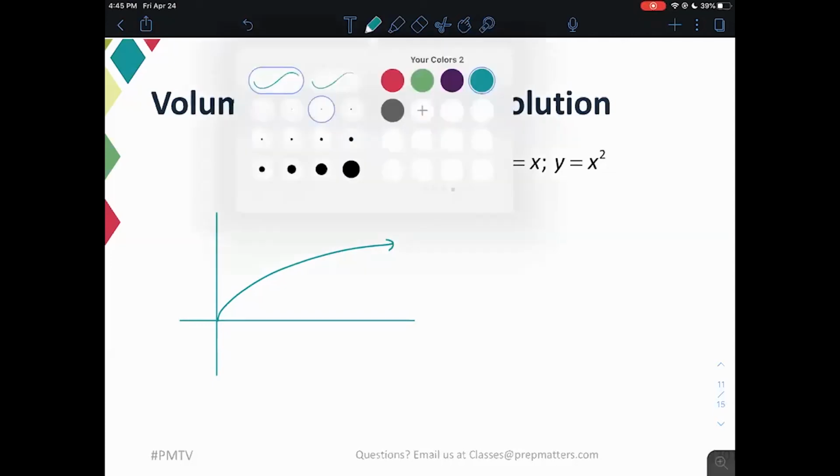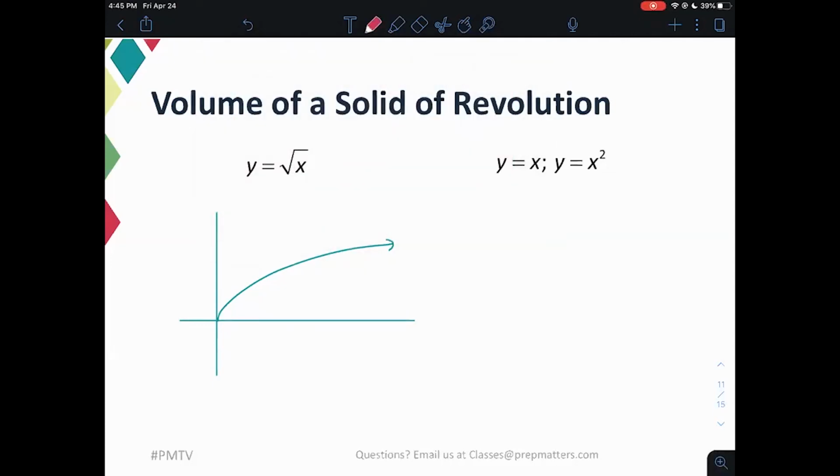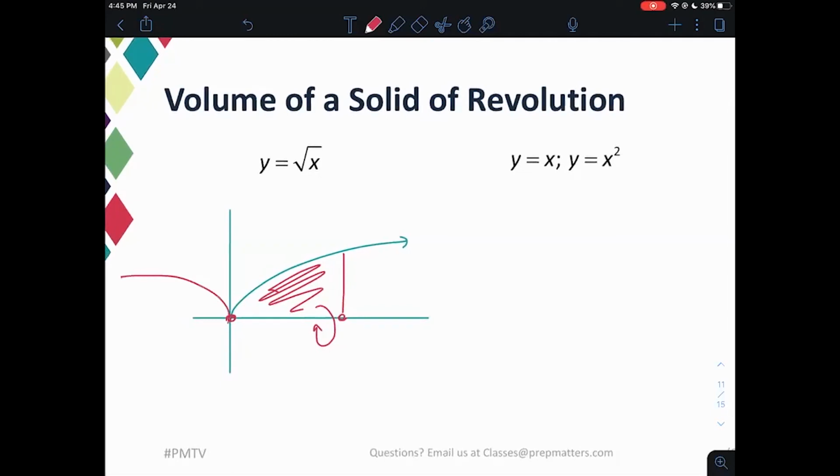We need to know what x values we are looking between. Are we going to go from 0 to 4, for instance, and say that, okay, I'm going to take this two-dimensional shape and rotate it around either the x-axis and create this, or around the y-axis and create this, or around some other line.